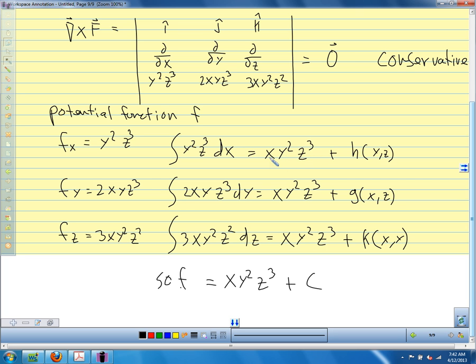So if h of y and z is constant with respect to x, I could have some function of y and z that ends up in my potential function. So when I took the derivative of that, what's that? Okay, did that help at all?